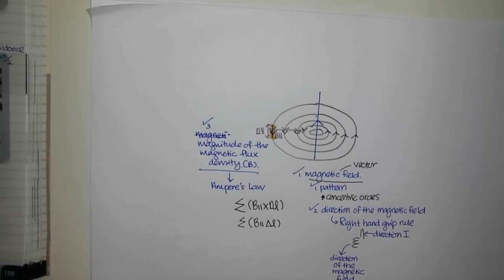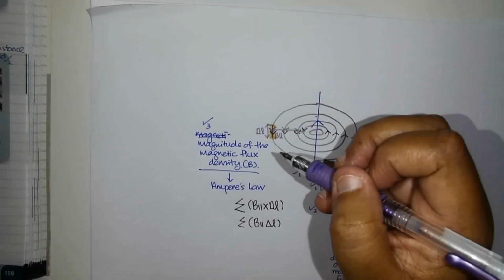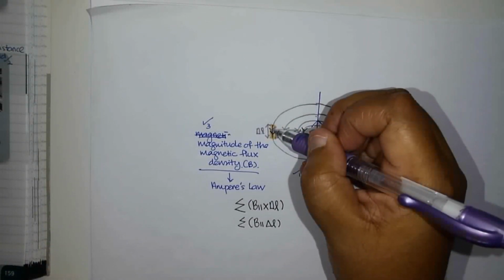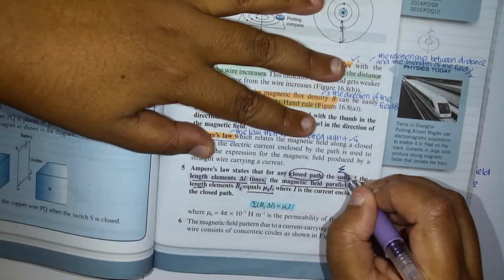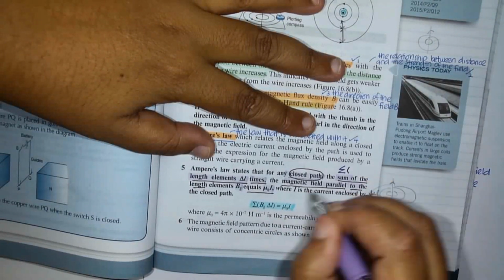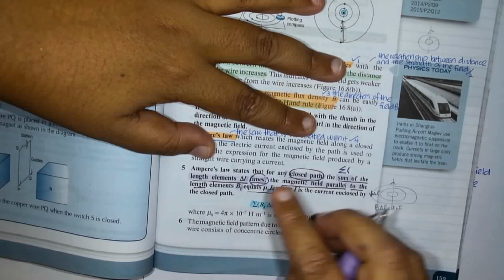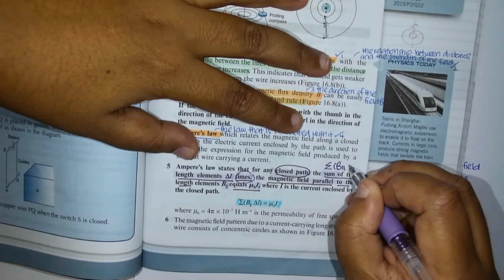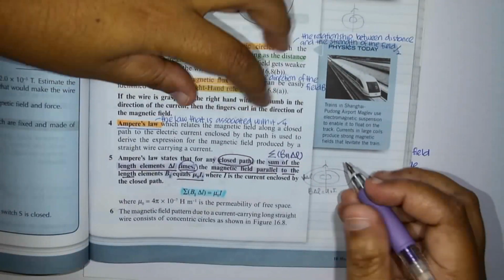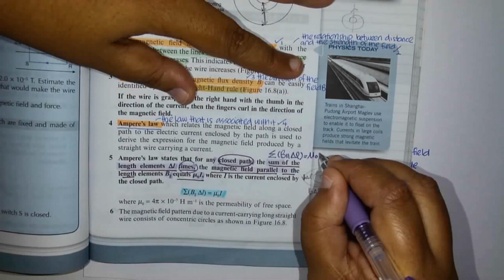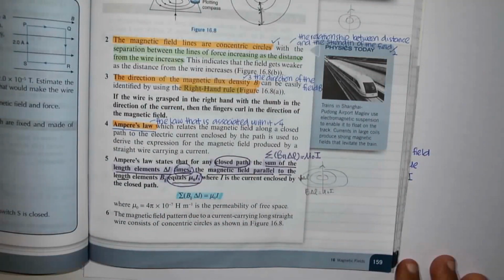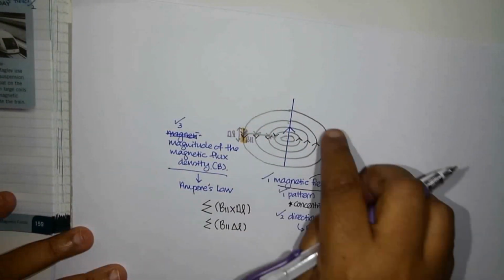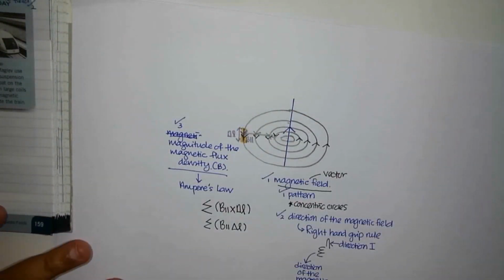So according to Ampere's law, the sum of the length element delta L times the magnetic field parallel to the length element, that means B parallel delta L, is equal to mu naught I, and it has to be a closed path, and this is a closed path.